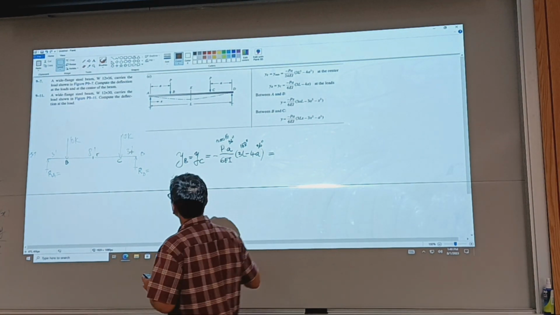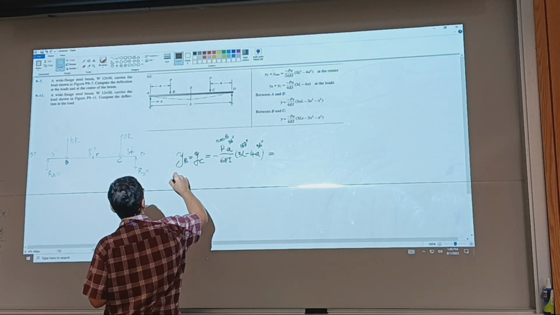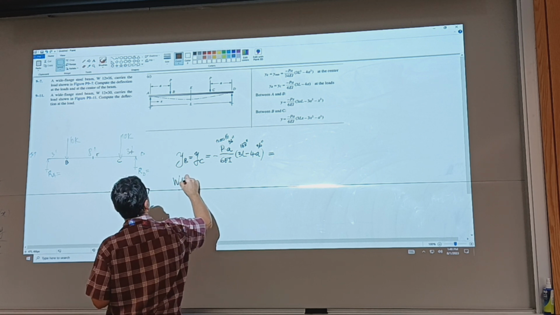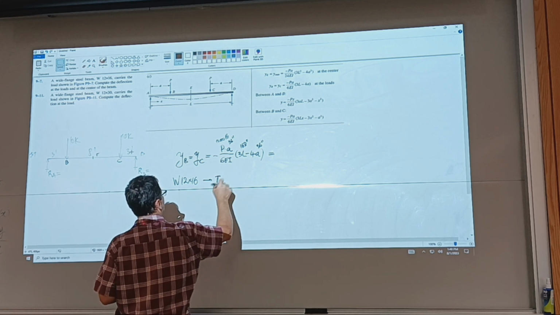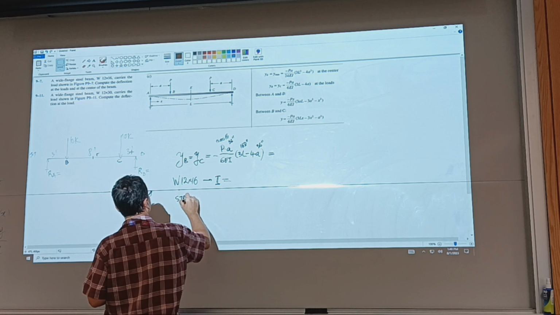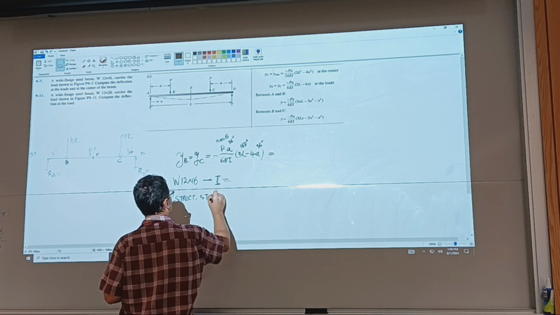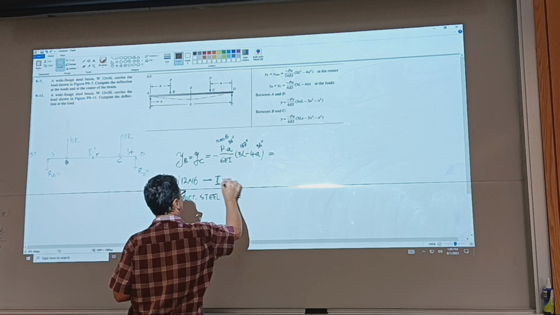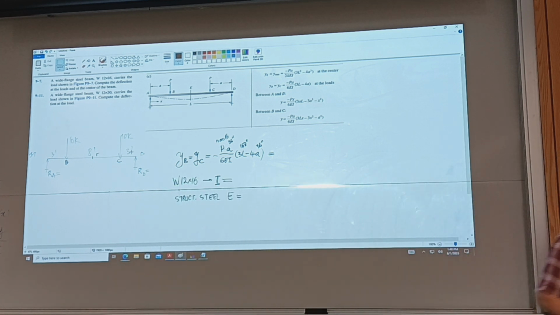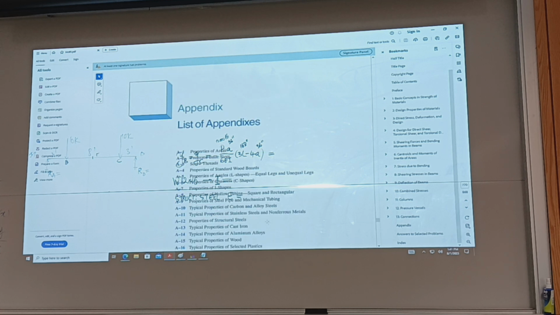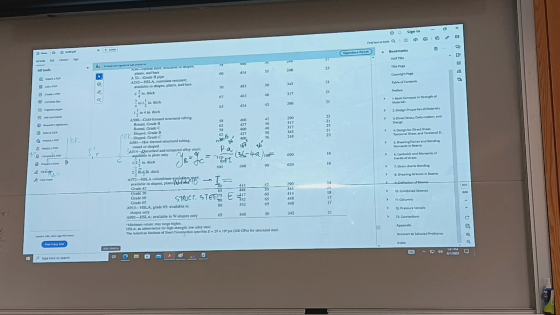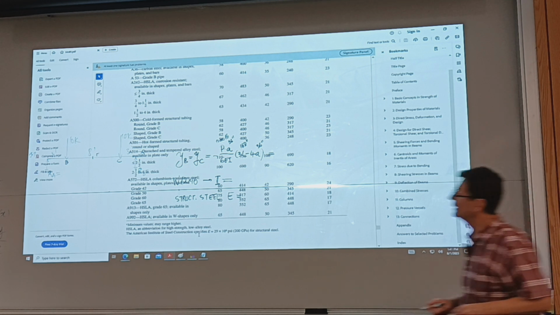So we need to get, for the W12x16, I first, and then for structural steel, E. All right, you got the back of the book, the appendices, and we're looking at properties of structural steel, and it says the American Institute of Steel Construction says use E as 29 times 10 to the power 6 psi.